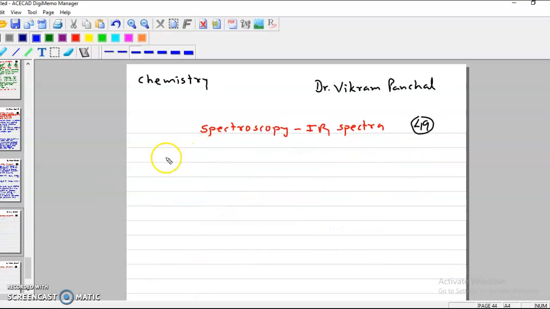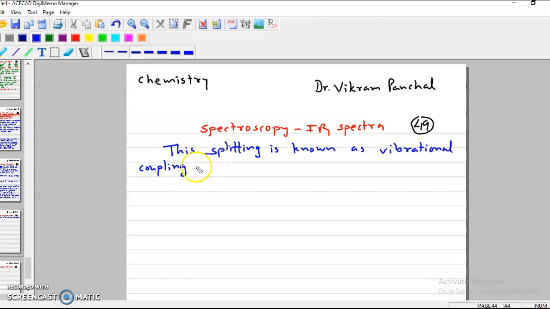This coupling is known as vibrational coupling. Okay, so this is what we call vibrational coupling.